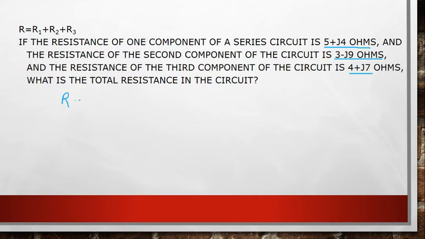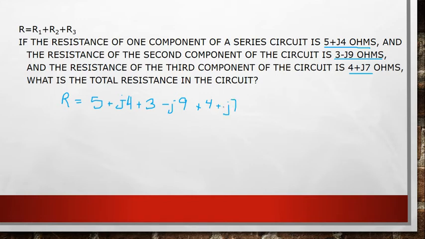So R equals R1, which is 5 plus j4, plus R2, which is 3 minus j9, plus R3, which is 4 plus j7.